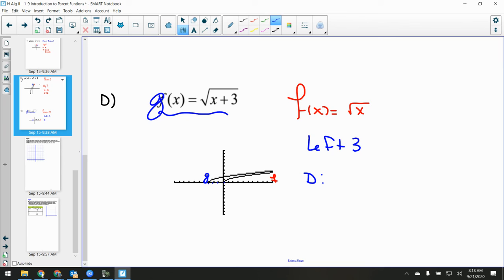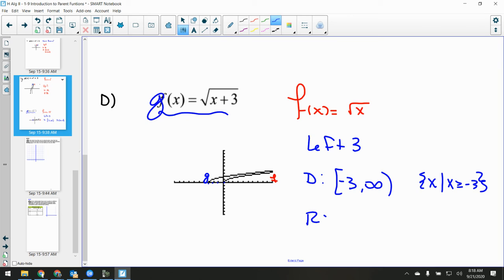Okay, so my domain also gets shifted to the left 3, from -3 to infinity. Or if you wanted to, again, set all numbers x such that x is greater than or equal to -3.